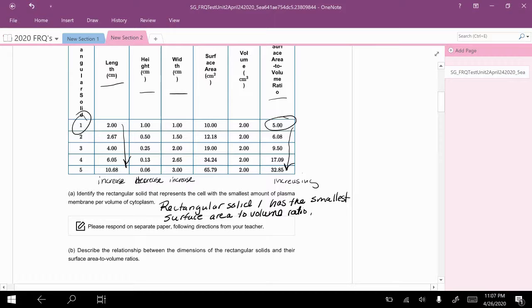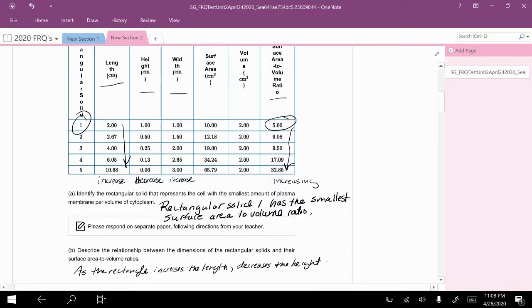So I would say, as the rectangle increases the length, and if you're thinking of a rectangle, you could say as it gets longer, decreases the height. And if you're thinking about it, it's getting thinner, right?